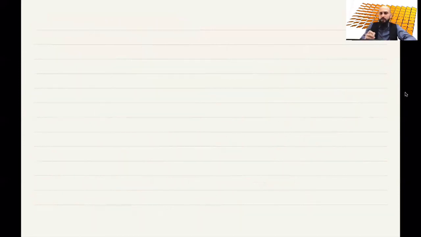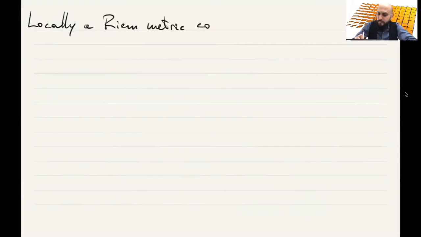Okay, how can we also define locally a Riemannian metric? A metric can be defined by an orthonormal frame.